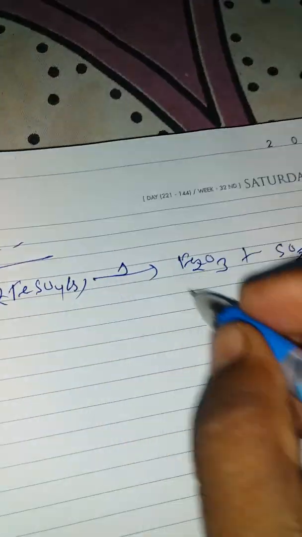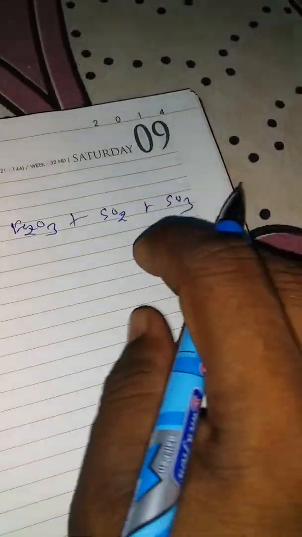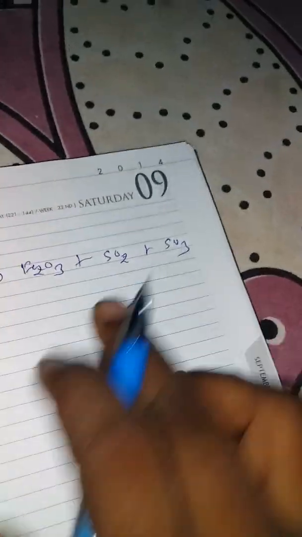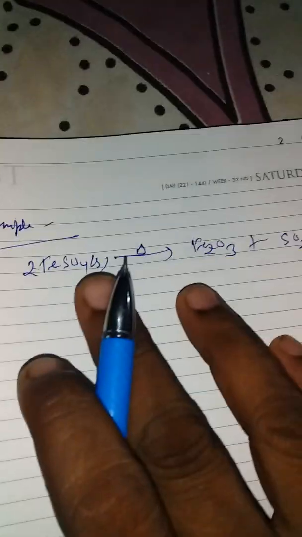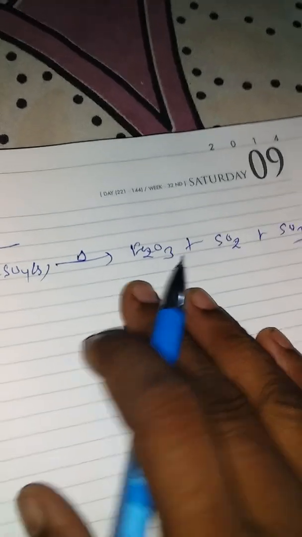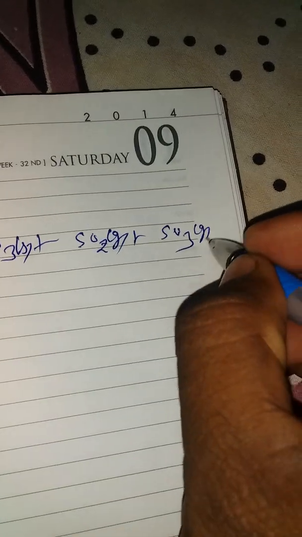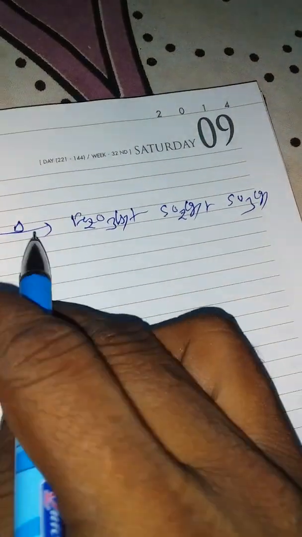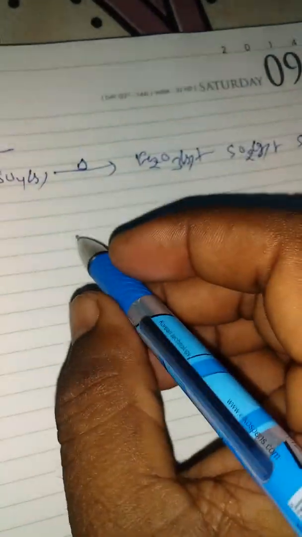For balancing, here we take 2FeSO4, and the product side is already balanced. So in this decomposition reaction, we see that FeSO4 splits up into ferric oxide in the form of solid, sulfur dioxide in the form of gas, and sulfur trioxide in the form of gas. So it is an example of thermal decomposition.